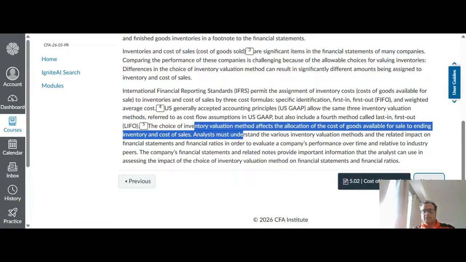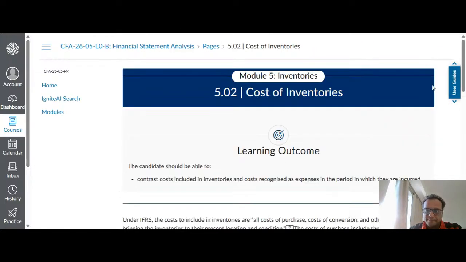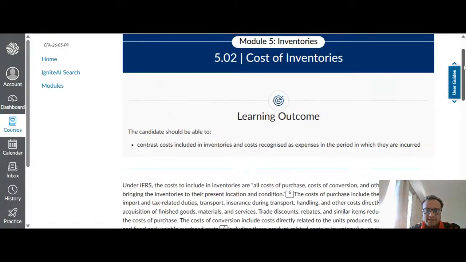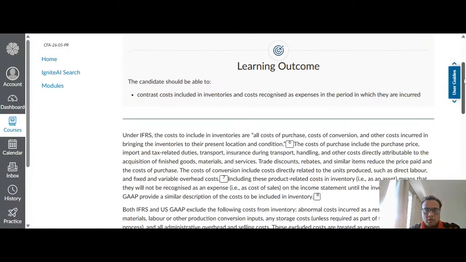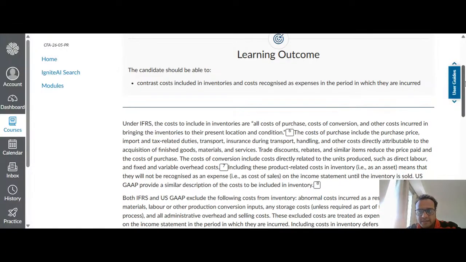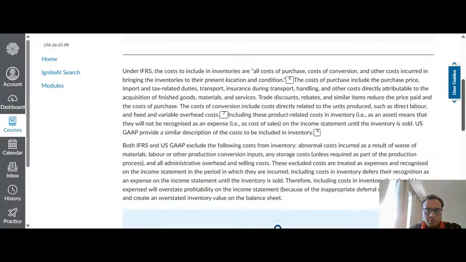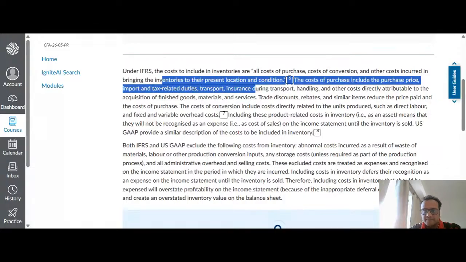Let's see how the calculation is done. Cost of inventories: costs included in inventory, and costs recognized as expense in the period in which they are incurred. Under IFRS, the costs to include in inventories are all costs of purchase, costs of conversion, and costs incurred in bringing inventories to their present location and condition.